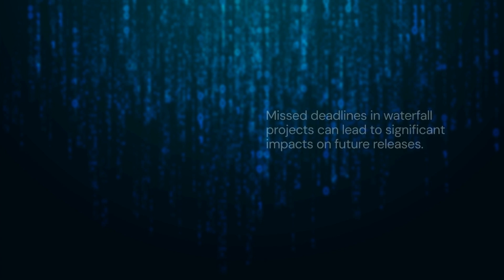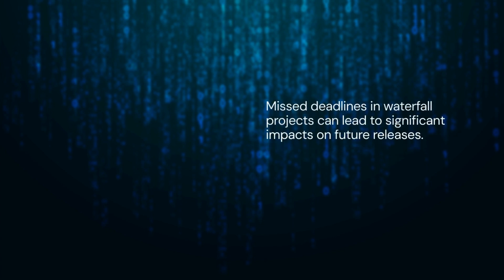A single missed deadline or scope change during a waterfall project can cause outsized impacts on subsequent releases. Additionally, when a team is fully focused on the next phase of work, resolving technical debt or fixing bugs can be painful if the team is fully allocated to new feature work and always pressing forward to the next stage.